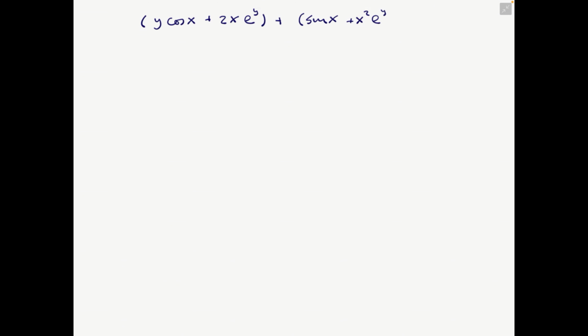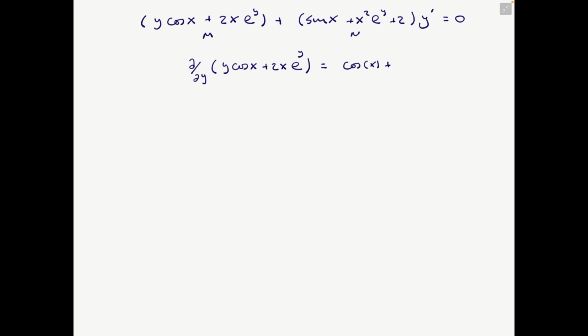So here we go. Let's start out with this one. We're starting out with y cos x plus 2x e to the y plus sine x plus x squared e to the y plus 2 y prime equals 0.